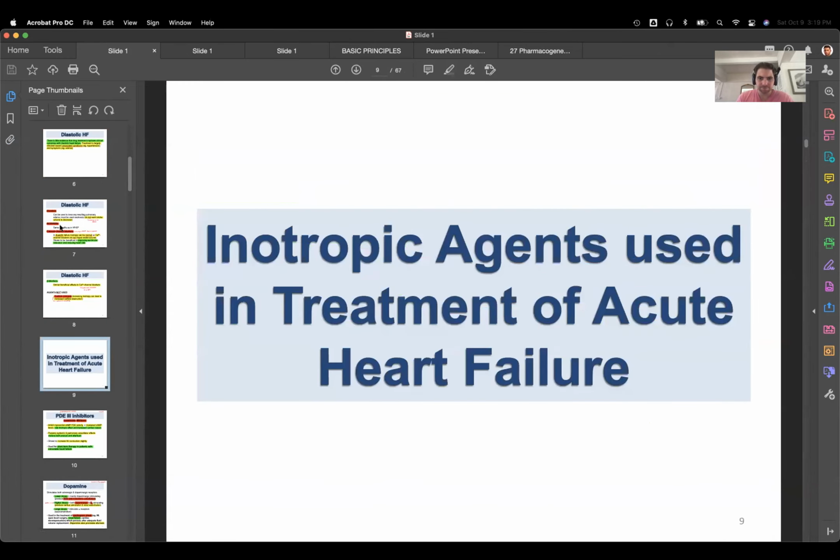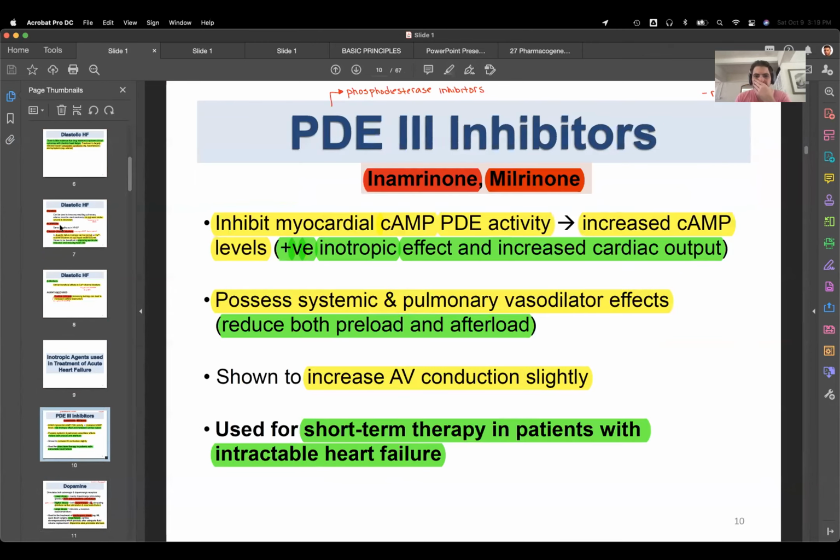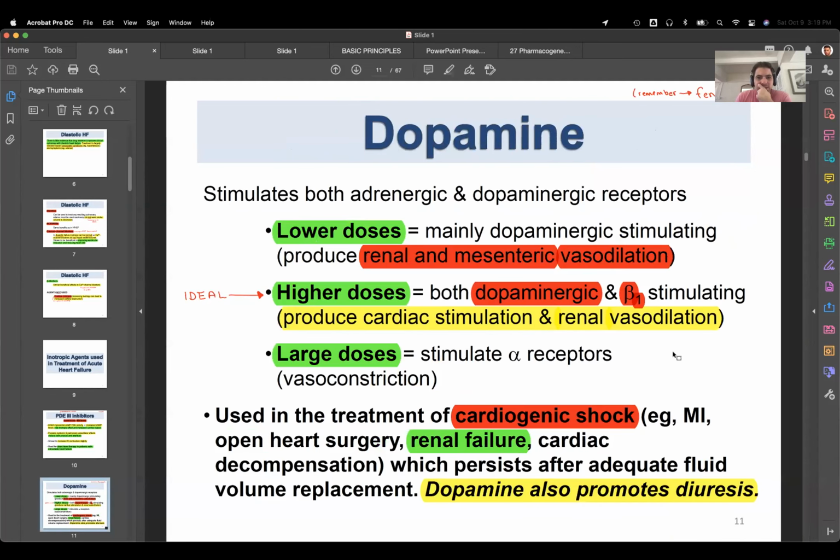Here are some other inotropic agents. Go through these on your own. I mean, these weren't super important. cAMP, phosphodiesterase inhibitors, yeah, okay. I don't know that they'll ask about that. Remember when we talked about dopamine, we're talking about help with renal perfusion.